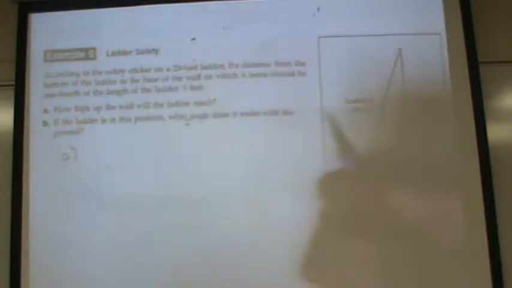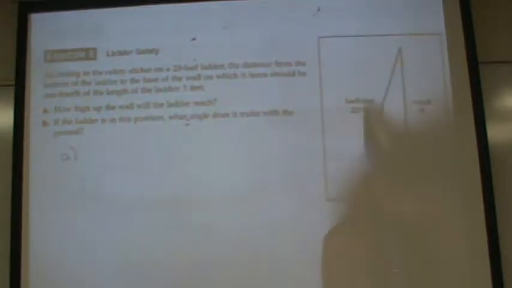We use the Pythagorean theorem. Our hypotenuse is the 20, so we're going to have h squared plus 5 squared equals 20 squared.